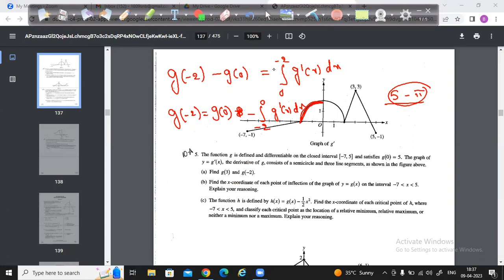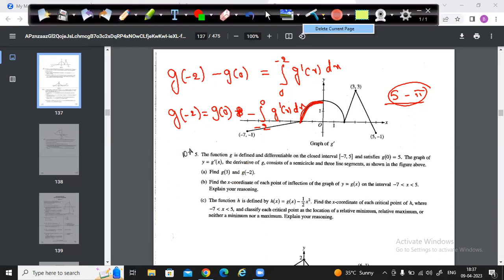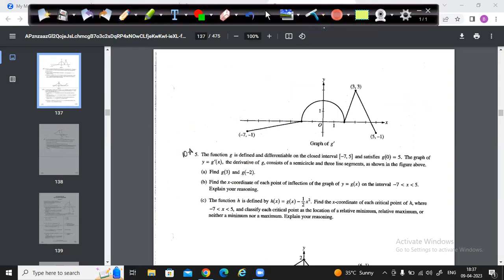Everyone do point of inflection. We know point of inflection is where the curve changes from concave up to concave down or concave down to concave up. That is where f double dash x, g double dash of x, is 0. He already gave the graph of g dash of x.